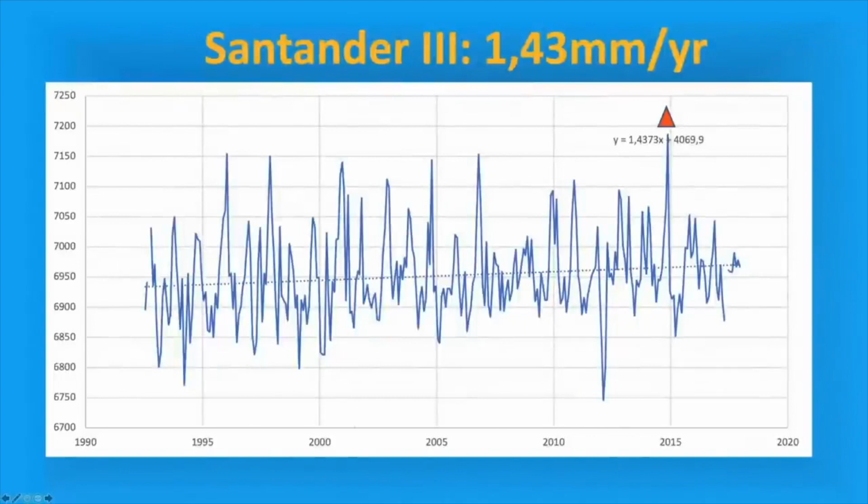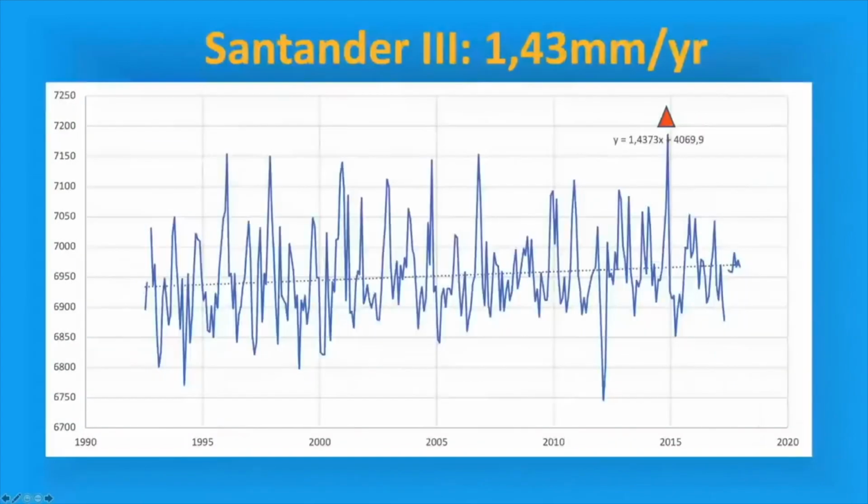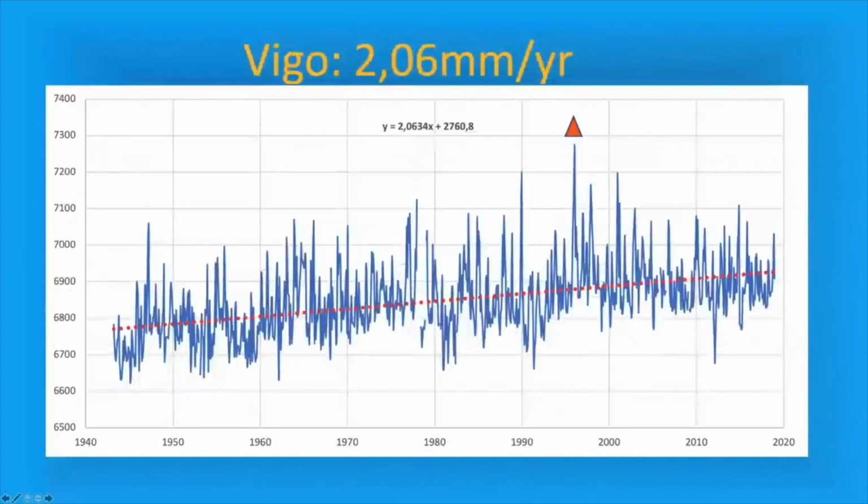And what I can say also is that at Leixões, you have here at 2015 the highest sea level record on this trend, and at Coruña it is before, about 1997. At Vigo, the same thing.